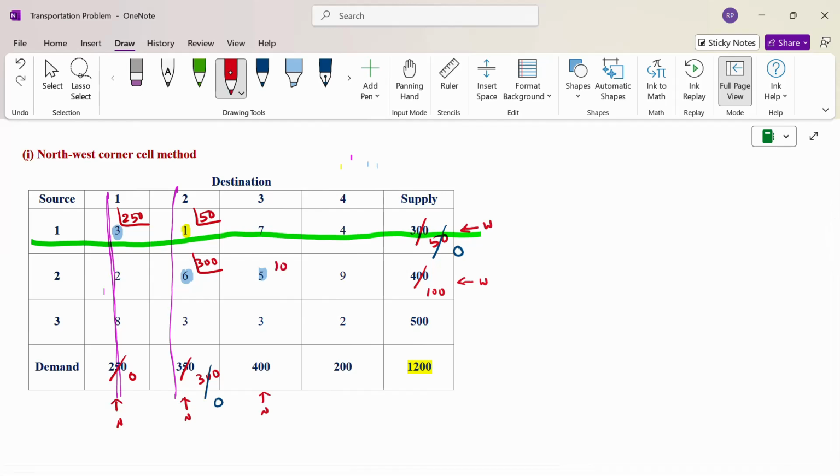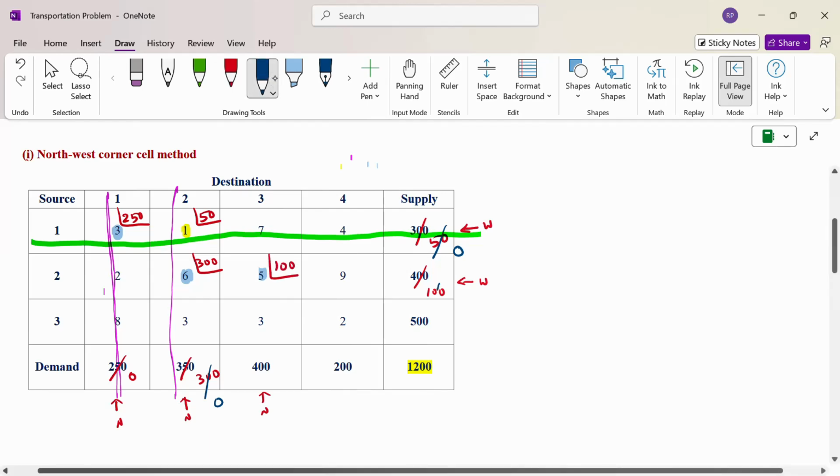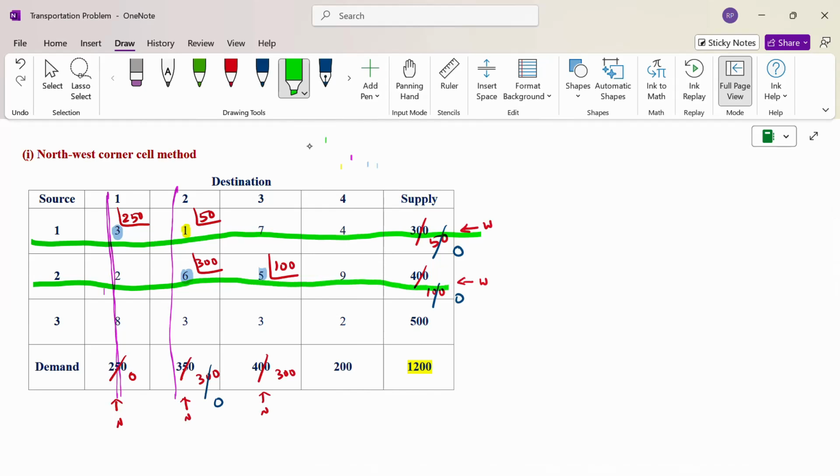Allocate 100, then the balance is 0, and here 300. Now delete the entire row because it is 0.